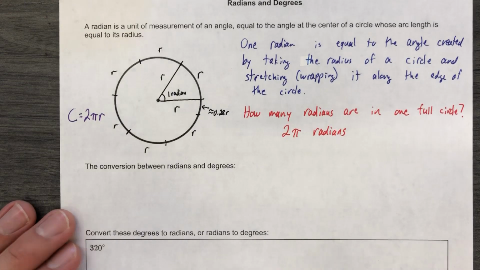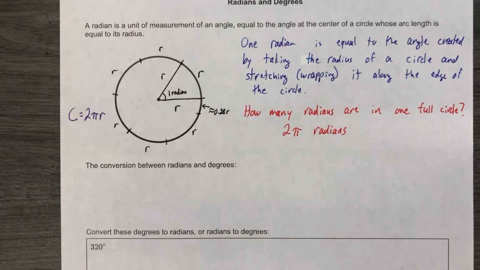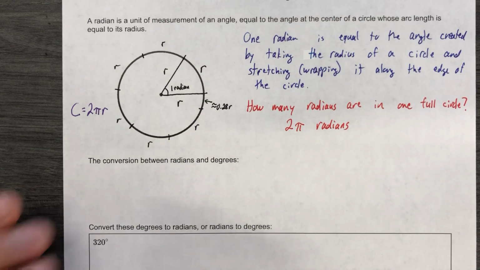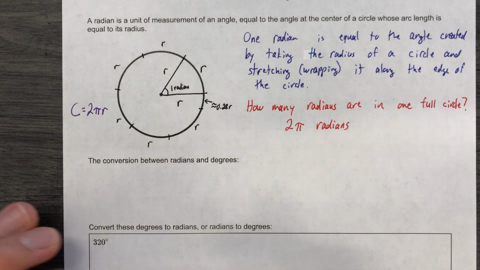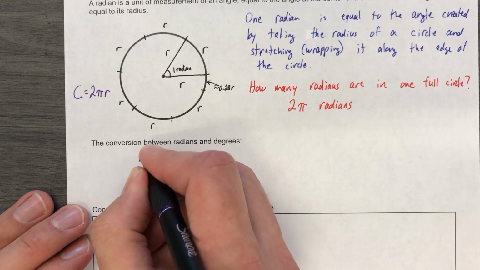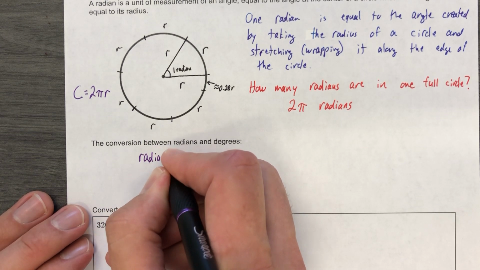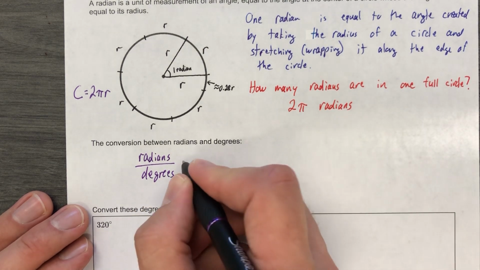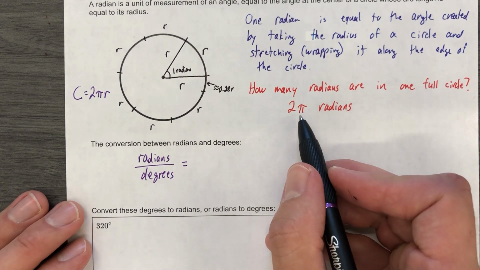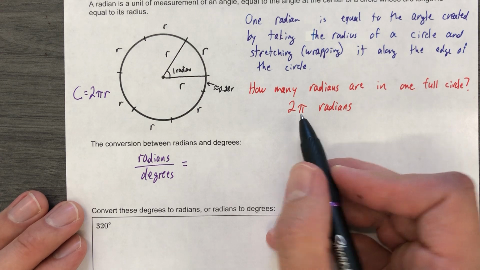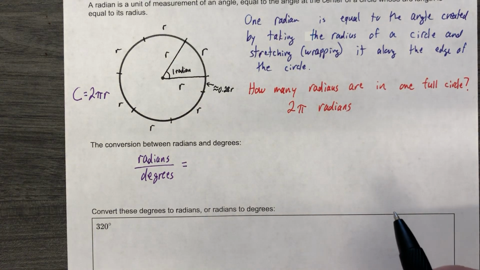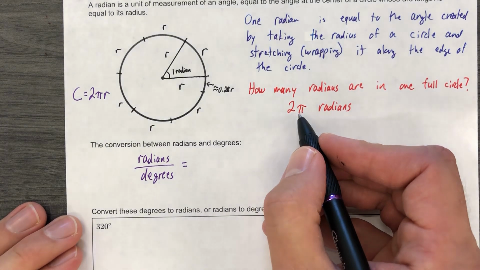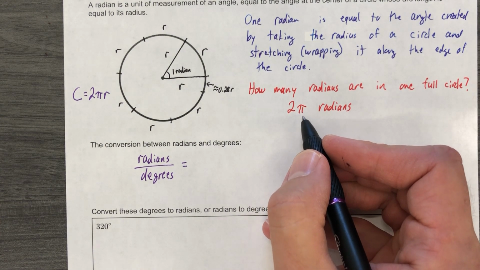So there is a conversion between radians and degrees, and the conversion is going to look like this. I taught it multiple ways, and I found this to be the best way. Let's grab purple. I'm going to put radians divided by degrees. We just said that it takes 2 pi radians to make one full circle, which is 360 degrees.